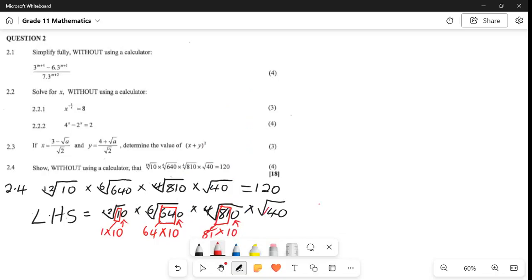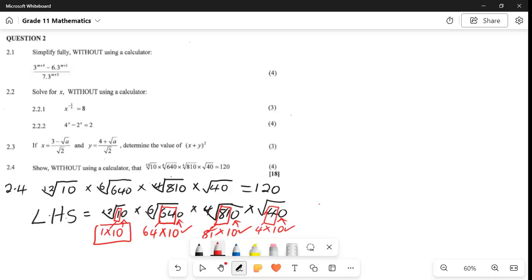And here we've got 4 times 10, which equals 40. So if we can separate them like this, I think we can go somewhere. But this one, even if we leave it like this, it's just like that. Because here we've got a 10, a 10, and a 10, let us do something with those.